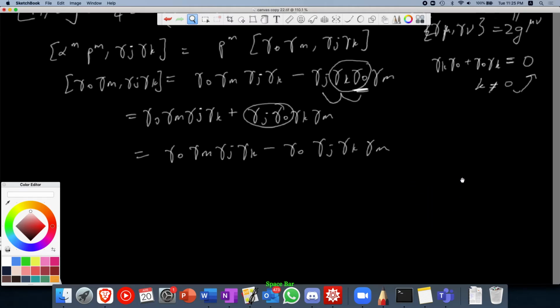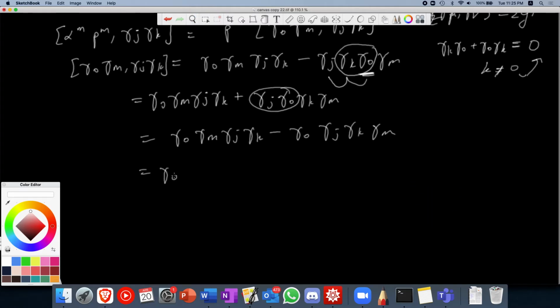Okay, this is where it gets a bit more interesting. We can factor out gamma naught. Now we need to bring them to be similar. In order to do so, we need to swap these two first. You see, we want to bring gamma m here, right? So this is going to be gamma m gamma j gamma k minus gamma j. And what is this? This is just 2 minus canonical delta of k and m minus gamma m gamma k.